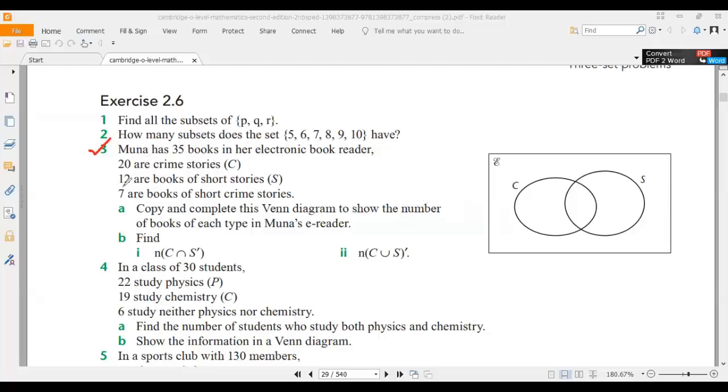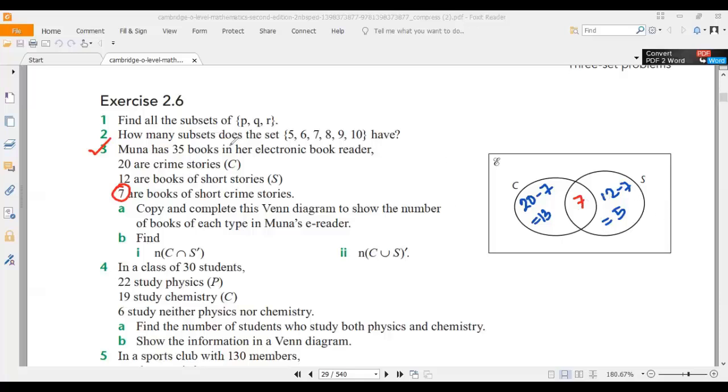Here 7 is the common part, so this one will be 7. Then 20 are crime stories, so only crime stories will be 20 minus 7, that will be 13. And only short stories will be 12 minus 7, that will be 5.